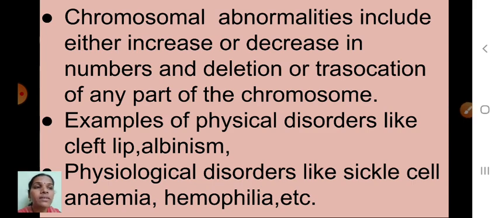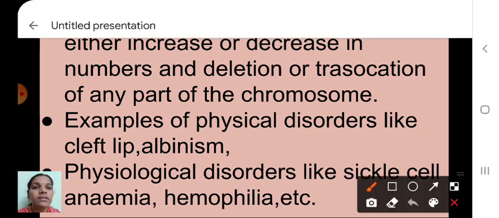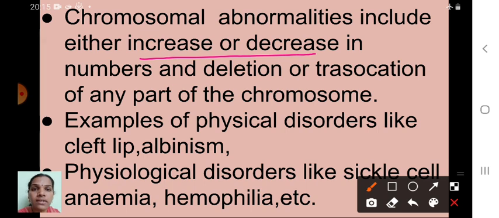See here, the next one is chromosomal abnormalities, which include, as I told, an increase or decrease in numbers. Can you say how many chromosomes we have in a cell? Yes, 46 chromosomes, that is 23 pairs of chromosomes. Chromosomal abnormalities also include deletion or translocation of any part of the chromosome. So you know the chromosomal structure.